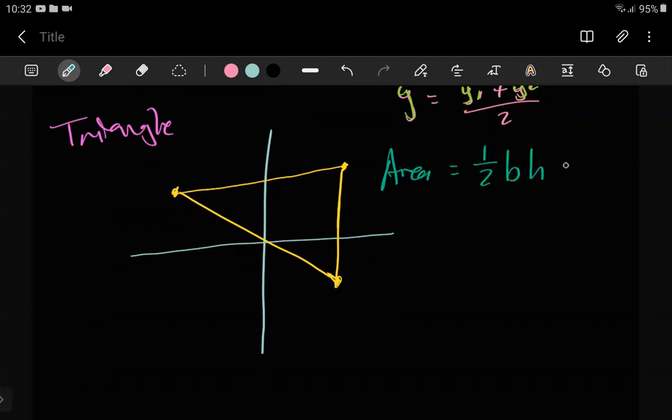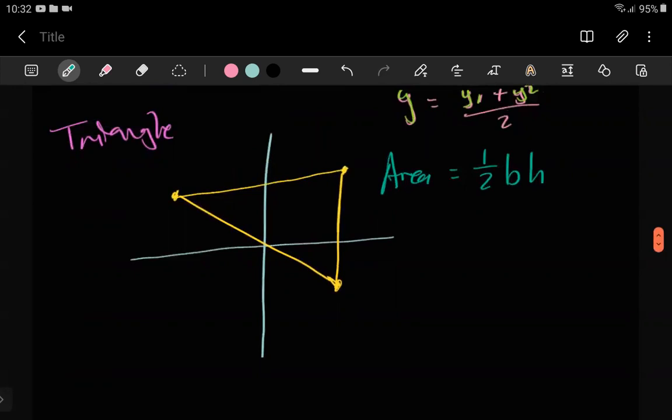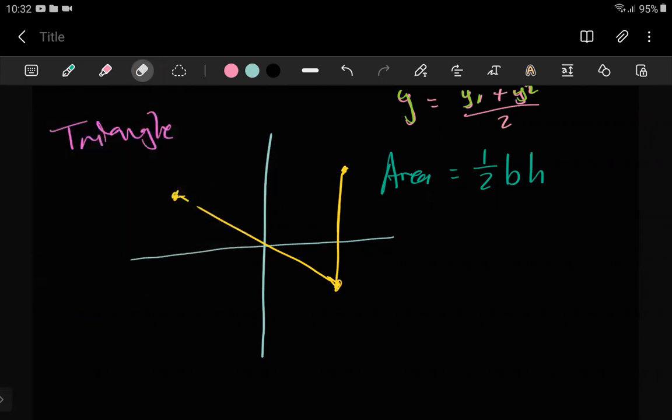The only issue is being able to recognize different sketches where you need to recognize what's the height and what's the base. The thing with math is that there are different ways that they can eventually ask for area.